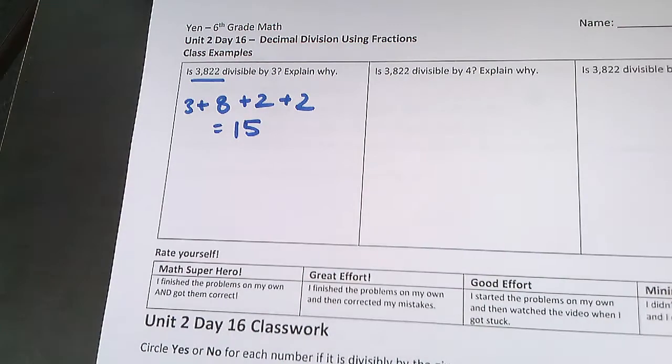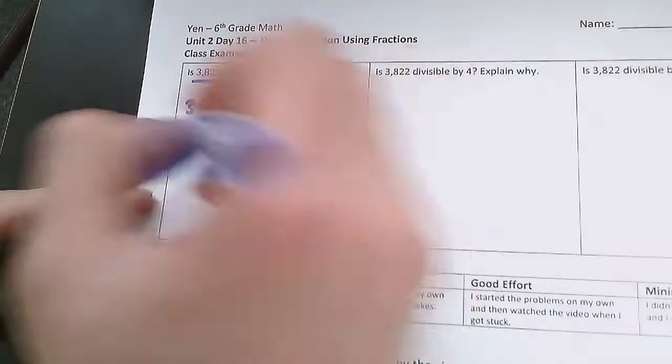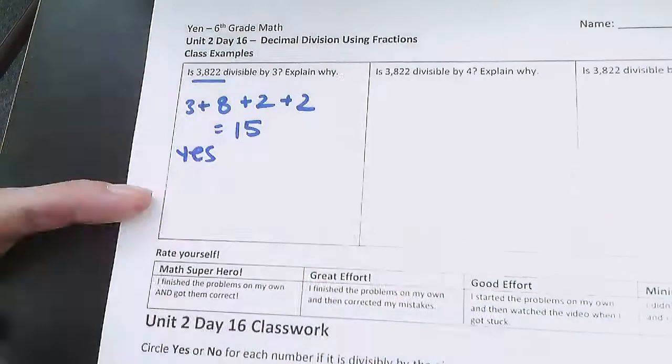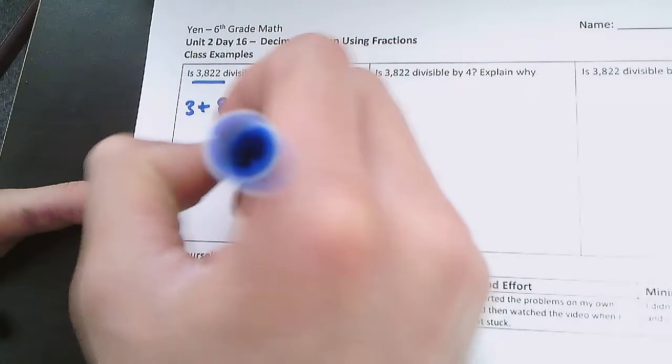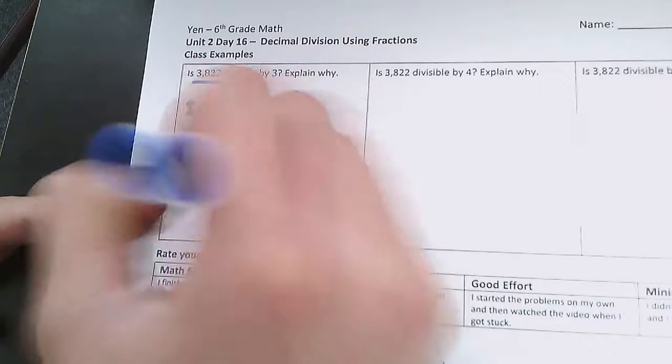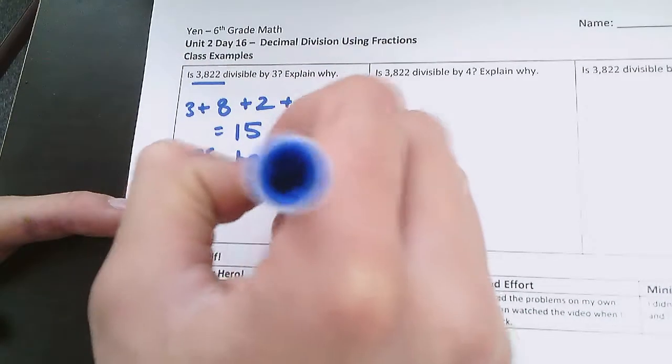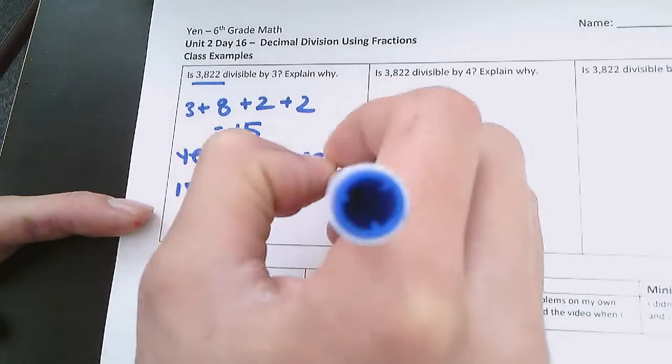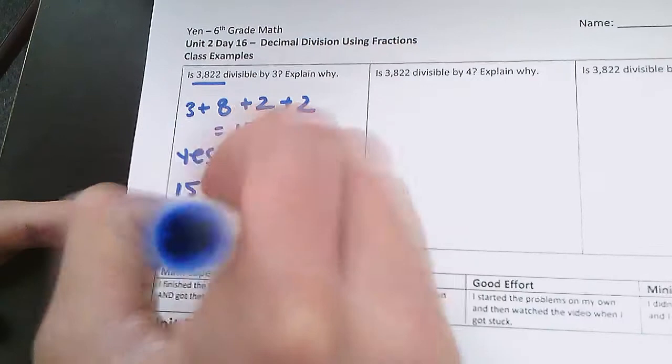And then can 15 be divided by 3? Yes, it can. 15 divided by 3 is 5. So we would say, yes, it can be divisible because 15 is divisible by 3.